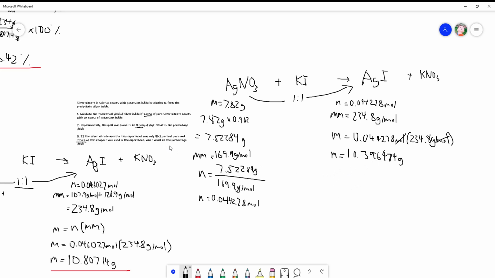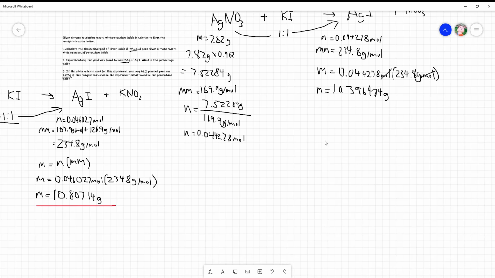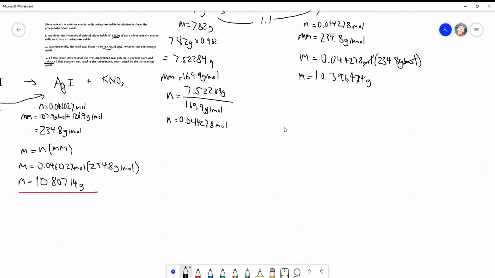However, the question is asking for the percentage yield. So we have to take the experimental yield and the theoretical yield and divide them and then multiply by 100%. So let's go down to more open space. So the percentage yield equals the experimental yield, which is 10.396474 grams.